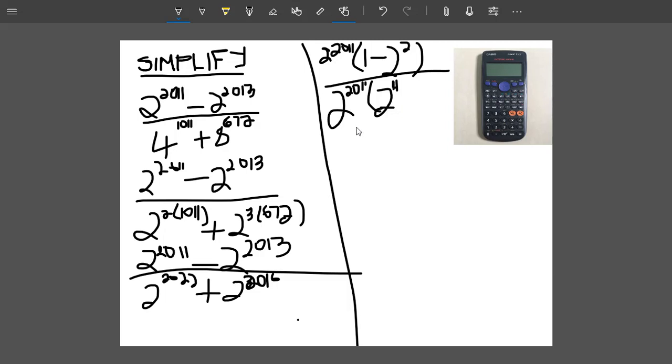It says when the bases are the same and when you multiply, you add the exponents. If we say 2011 plus this 11 here, it will give you 2022, which is correct.